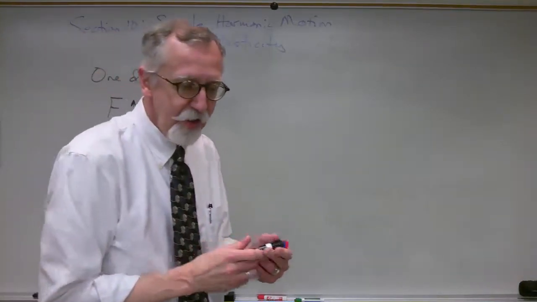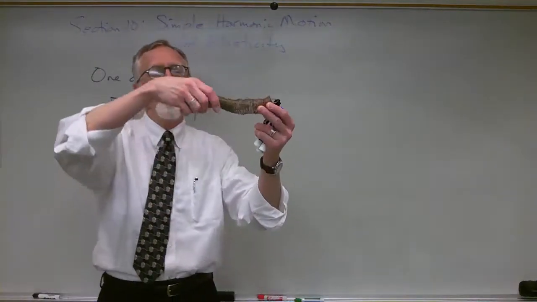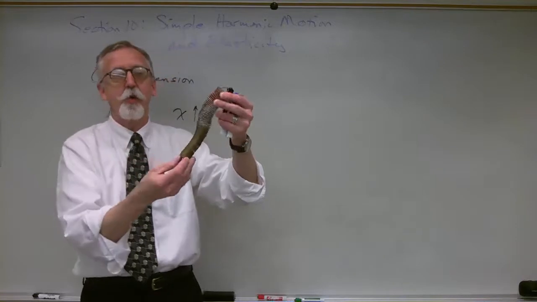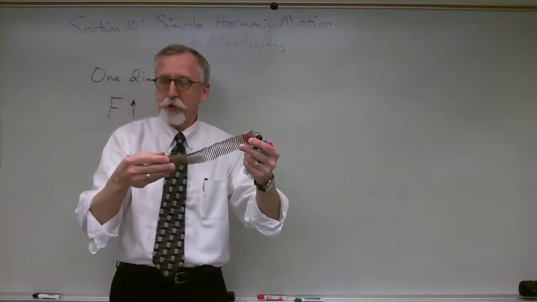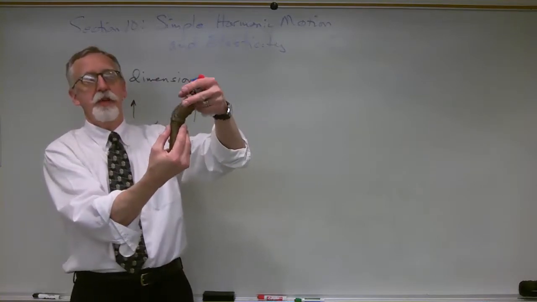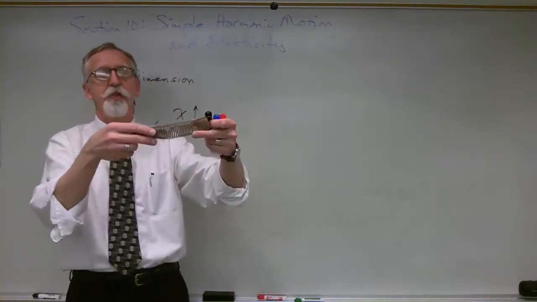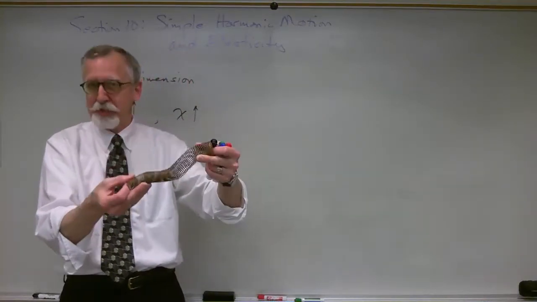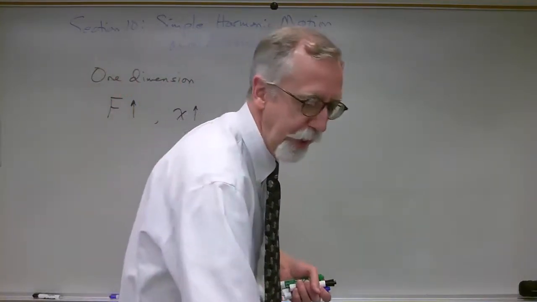Now, obviously, we're going to get to a point where if we pull this too much, we'll end up breaking the spring, or we'll end up distorting the spring so much that it bends the metal permanently, and you can see that that's what happened to some extent to this spring. So we end up distorting the spring more than it really can stand. Now let's assume that we don't do that.